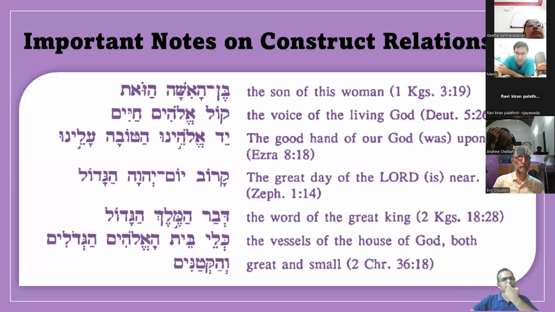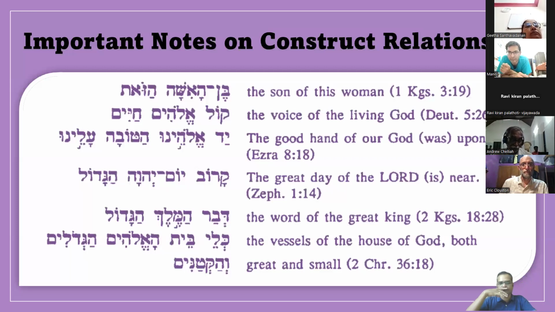Why is it not together like these attributive adjectives? Karov is not attributive here. So which one? So in order to show that Adonai is related to Hagadol, or what is the reason? Hagadol is not related to Adonai, right?